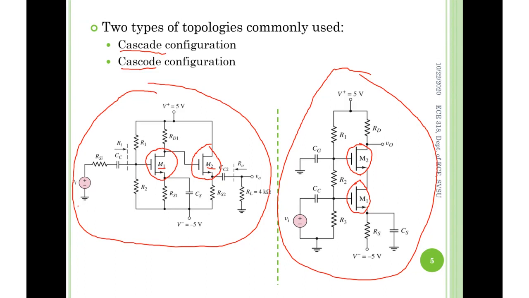Anyone? Come on, folks, it's too quiet. M1 is what? Is that source, because the VI positive is going into the gate? And? That's all you got?